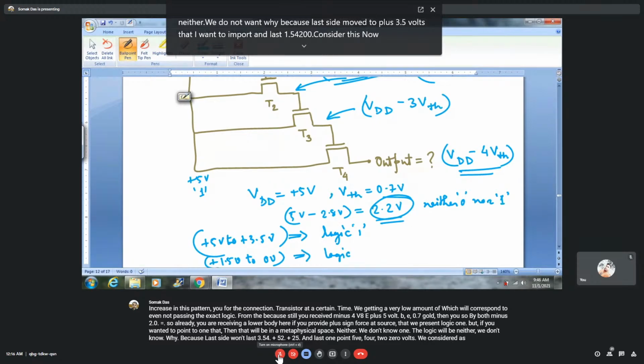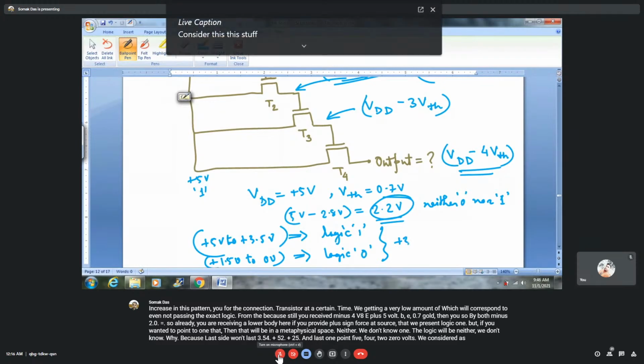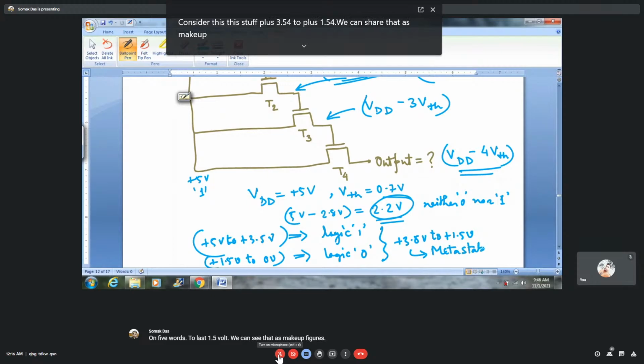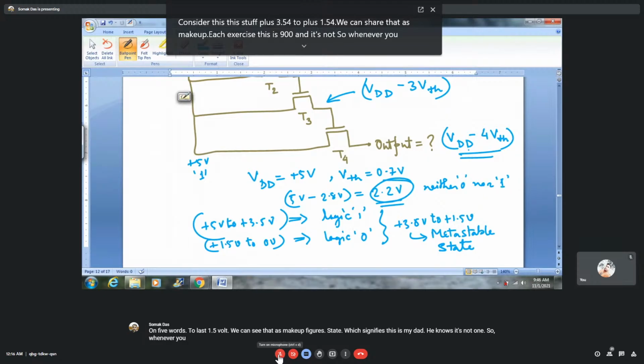So the rest, plus 3.5 volts to plus 1.5 volts, we consider as a metastable state, which signifies it is neither at logic 0 nor at logic 1. So whenever you receive the output after this kind of 4 degraded stages, it will be VDD minus 4 VTH, so approximately equal to 2.2 volts. So it moves to a metastable state.